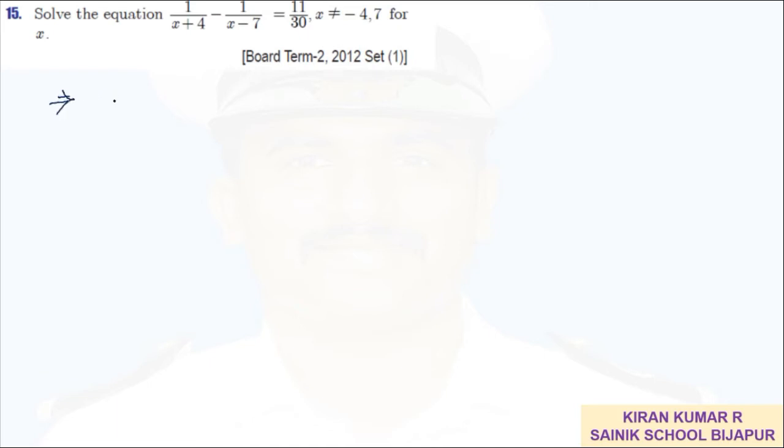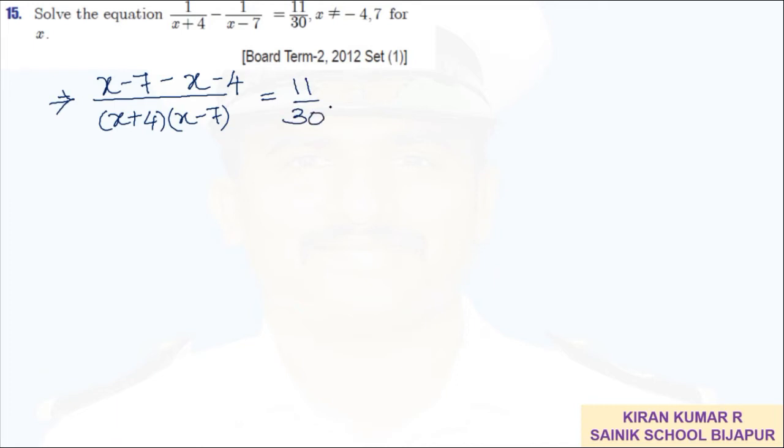So by taking LCM, I get the product as x plus 4 multiplied to x minus 7. So x minus 7 minus, when minus is there, you should be very careful. It becomes minus x minus 4 equal to 11 upon 30. Now observe, x will get cancelled.